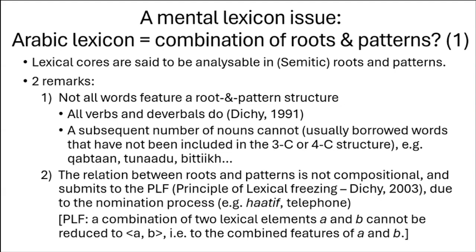Let me take hatif, telephone. Hatif is an active participle, the agent, someone who does something. Shouting at a distance is the meaning of the root. I put them together, I get telephone, so there's something added which was not in the root and not in the pattern.